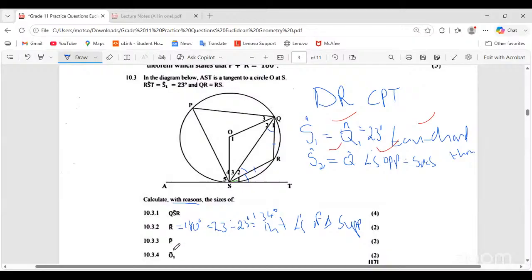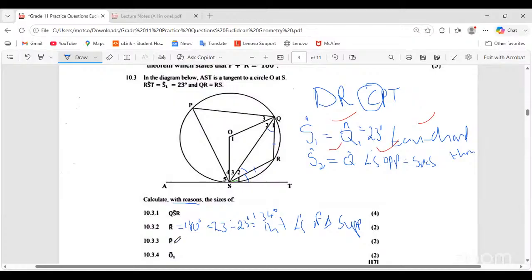We are now required to find the size of angle P, which is that one. Remember when we were at C here, we said that is a cyclic quad. We said the opposite angles of a cyclic quad are supplementary, and we mentioned that angle P and angle R are supplementary, meaning angle P plus angle R is equal to 180 degrees.